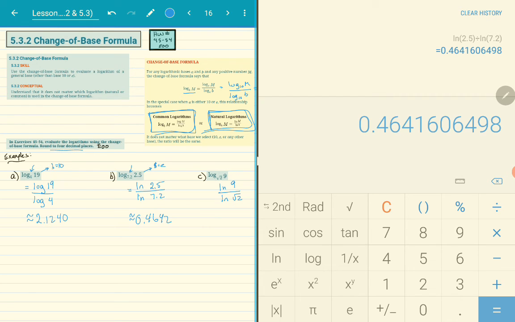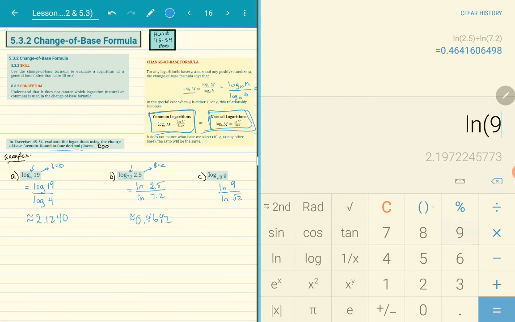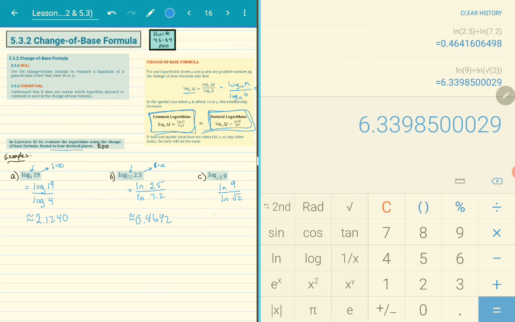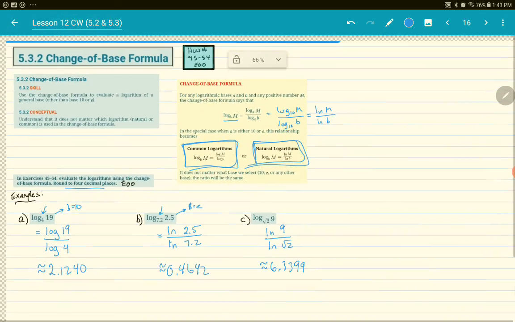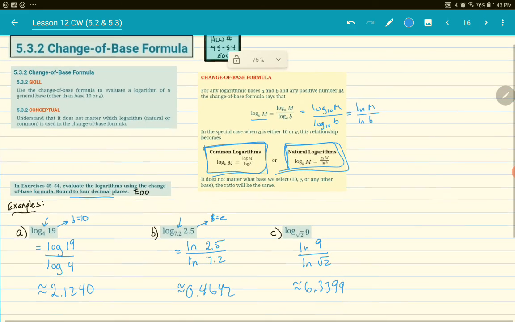And then my last one, I did natural log again, so we'll go natural log 9, close your parentheses, divide by natural log of radical 2. And I have 2 parentheses now, because of the way my calculator works, and I get 6.3399. So there's my change of base formula.